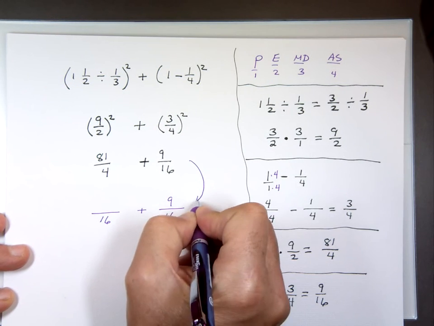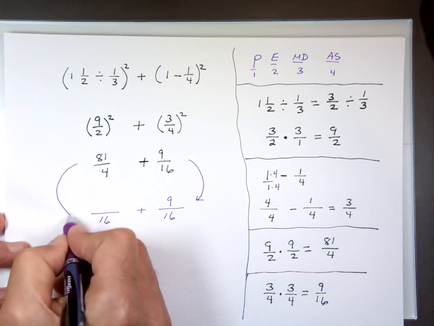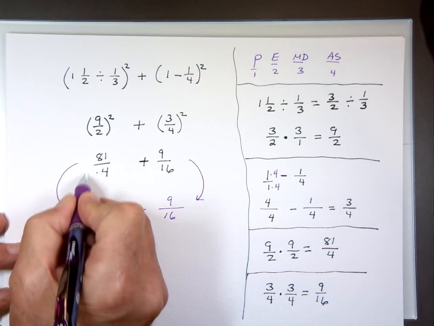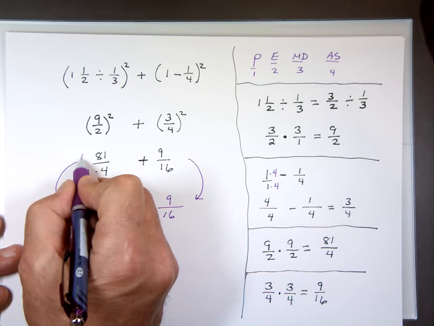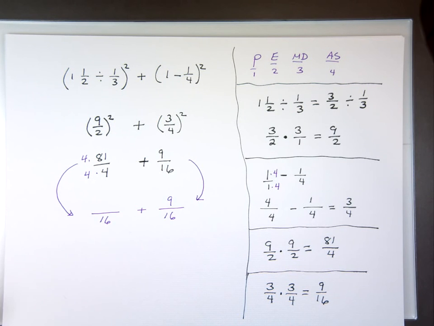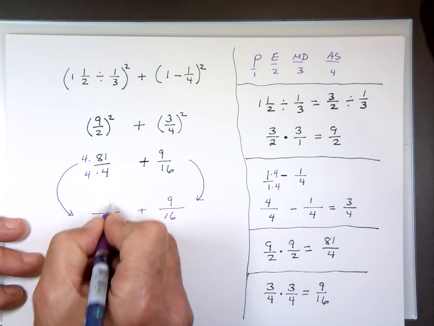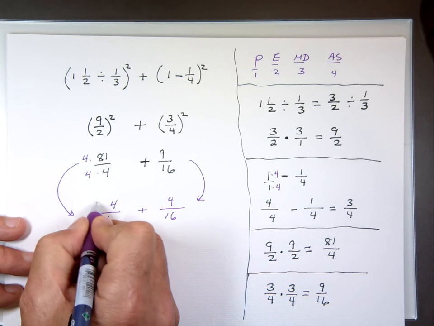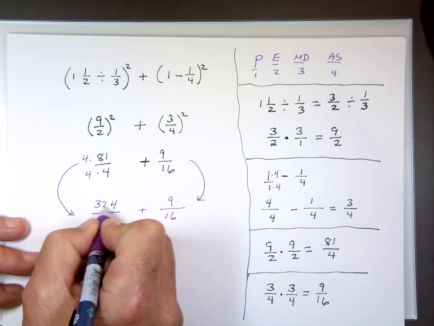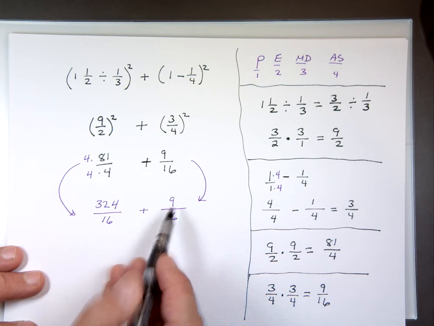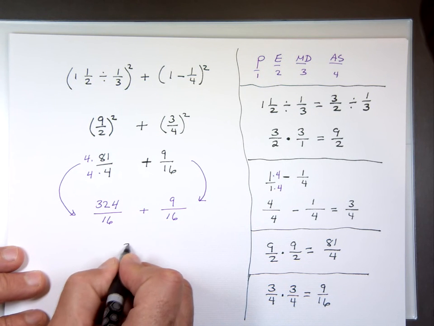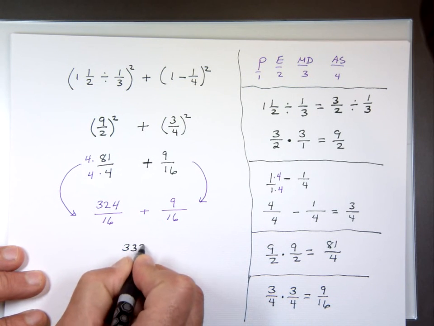But this one I got to change it. I got to multiply the bottom by 4 to make it over 16, which means multiply the top by 4. 4 times 1, 4, 4 times 8, 32. Now we can add them. What's 324 plus 9? Is it 333? Over 16.